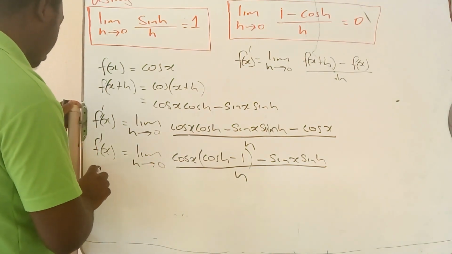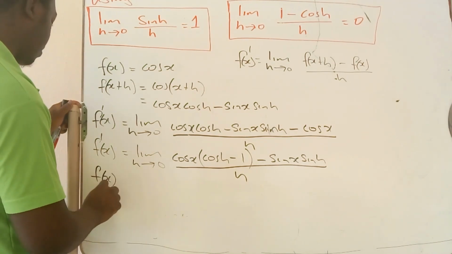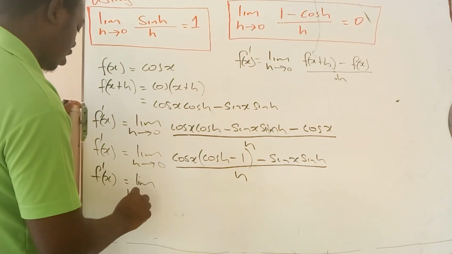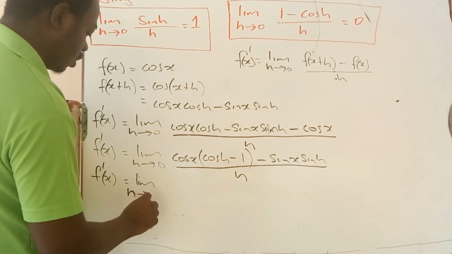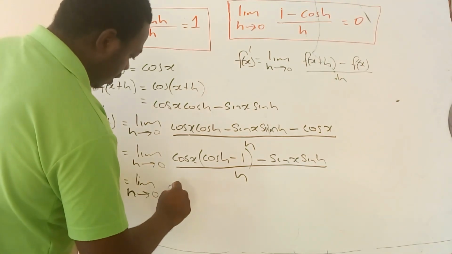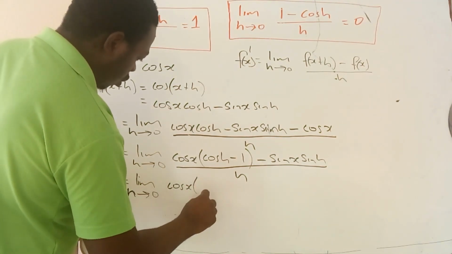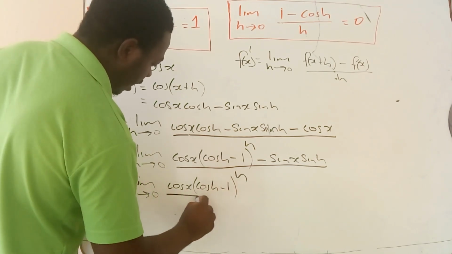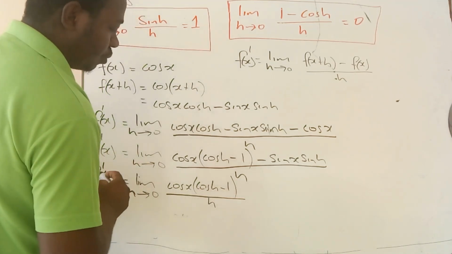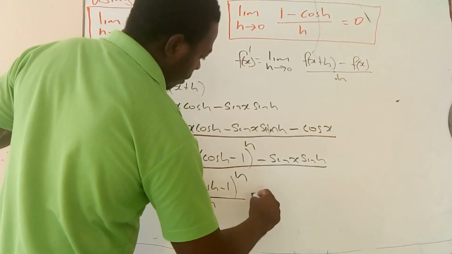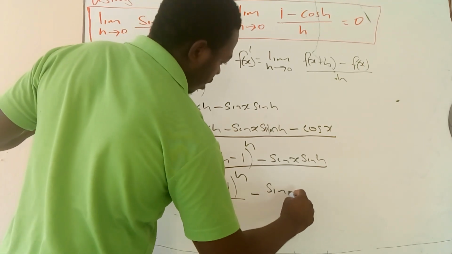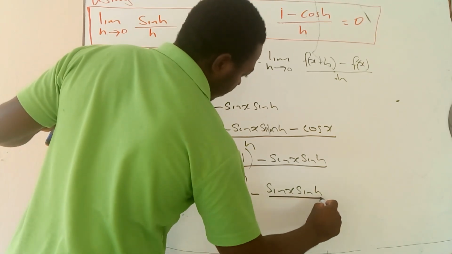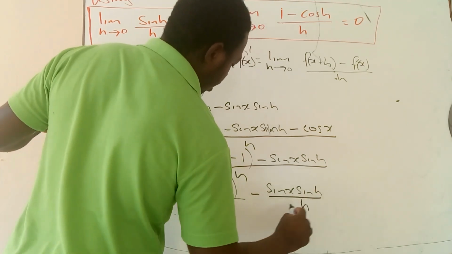So we know that the derivative of f of x is equal to the limit as h approaches 0 of cos x open bracket cos h minus 1, all of that over h, right, minus sine x sine h, all of that over h.